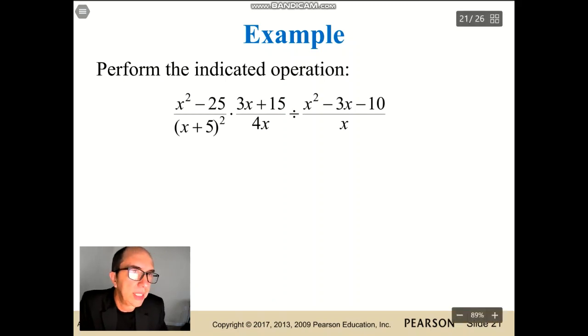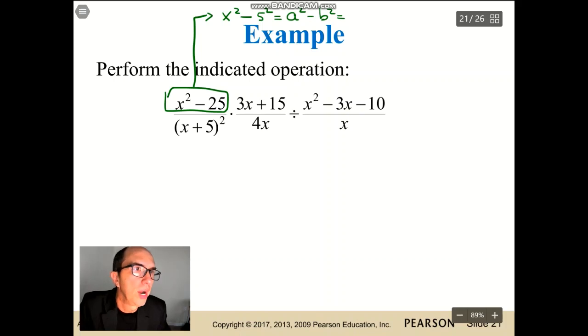So first let's check this numerator here. Remember, this is something that we can write as x squared minus 5 squared. And remember, there's a special product, a squared minus b squared, that we can rewrite as a plus b times a minus b.